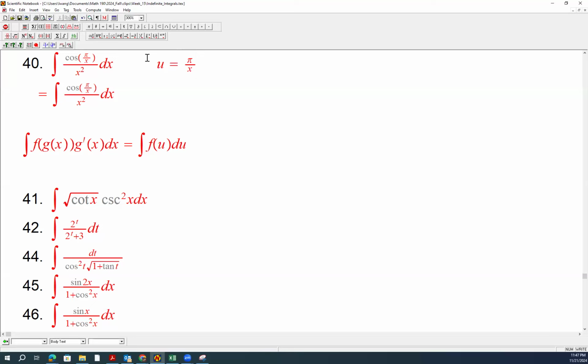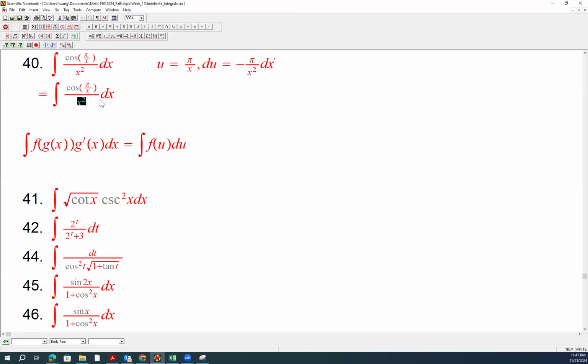Okay, so u equals pi over x. What is du? Pi is a constant, so we treat it as a constant. So this is going to give us negative pi over x squared dx.